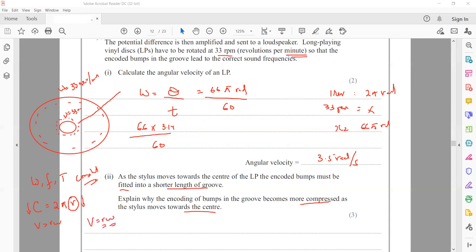Omega is constant, so if the radius is decreasing, the tangential speed should also decrease. So it should move slower here. To move it slower, that's why these grooves are placed closer to each other compared to the other grooves. The number of grooves is the same, but the grooves are placed closer. So it will slow down its tangential speed.